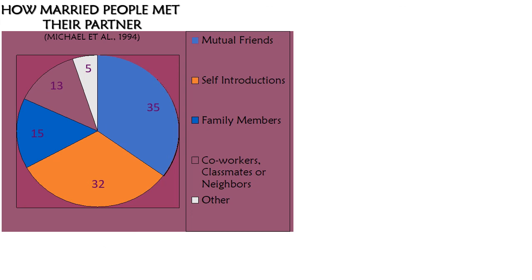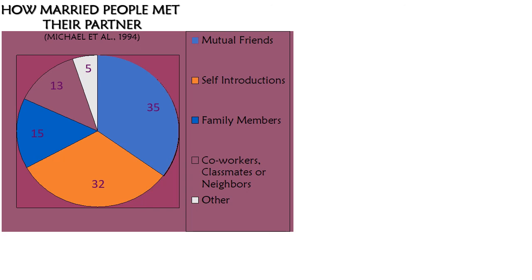On this next slide, I've got a couple different graphs here. I put these two different graphs here because it's kind of interesting to see these. And this is how married people met their partner. First thing is how married people met their partner in 1994.